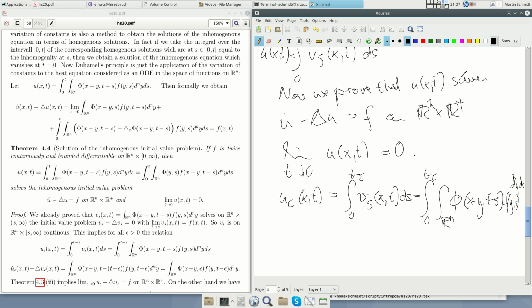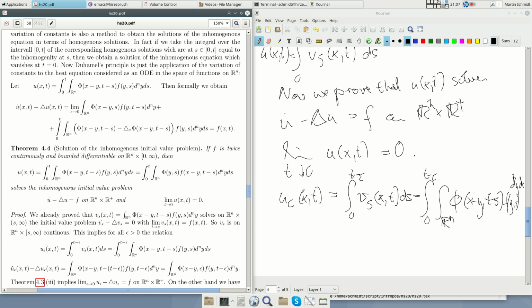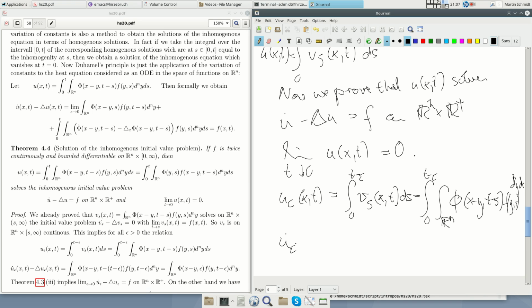And now if we define this, then we know u dot epsilon minus Laplacian u epsilon. Now let's do the calculation. We have two places where it depends on t: this place and this here, x and t.